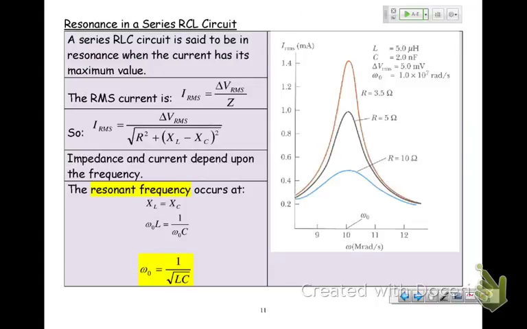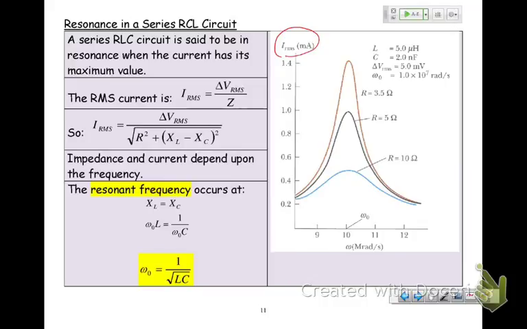And what happens is, I'm going to jump a slide because I'm almost running out of time, but what happens is that as the impedance gets less to its minimum value, then your current gets bigger. So here's a typical frequency versus current plot.